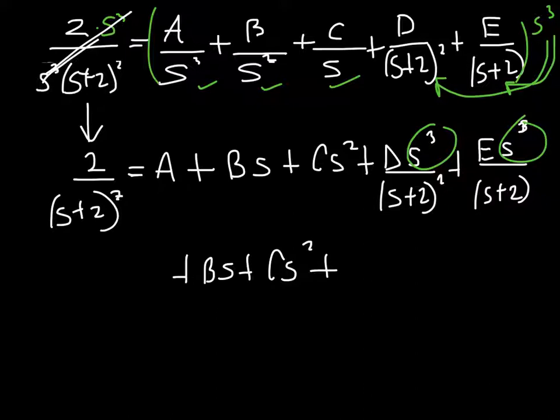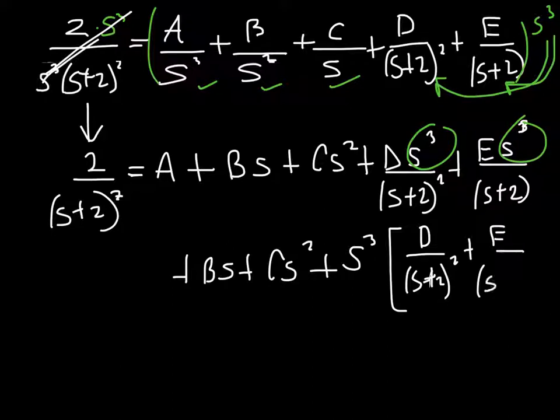There's definitely an s cubed in there. So let's factor it out. So we have s cubed, and then what's left over: that's not a D, that's a 2 there. So that's D over s plus 2 squared plus E over s plus 2.